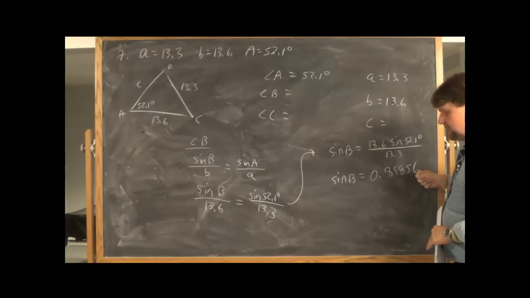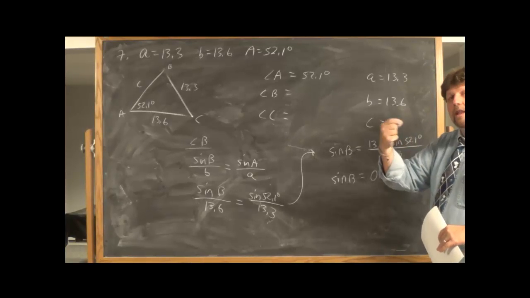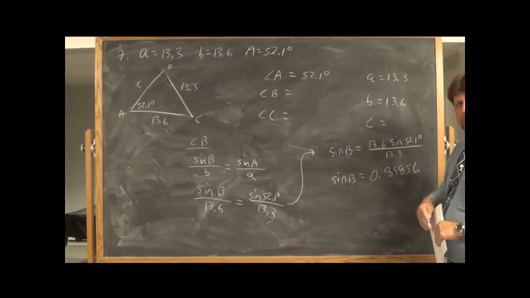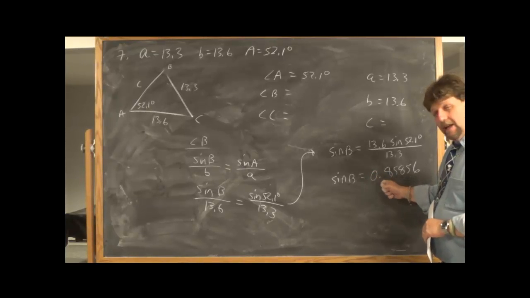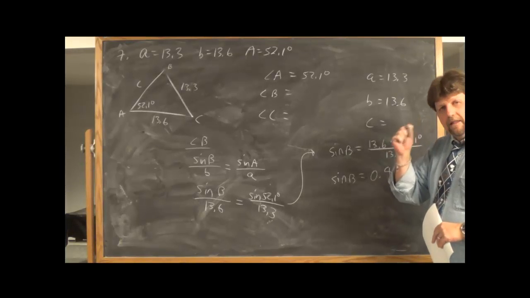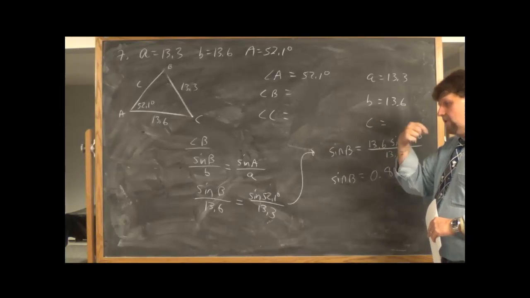I want to see this equation because that tells me if I have 0 triangles or at least 1 triangle. So if this number were larger than 1, I'm done. No solution, no triangles. If this number is less than 1, as it is here, I know I have at least 1 triangle. So I proceed.